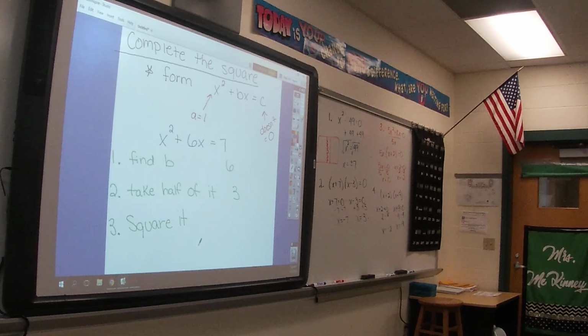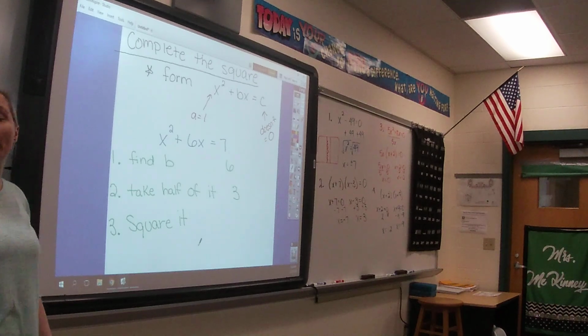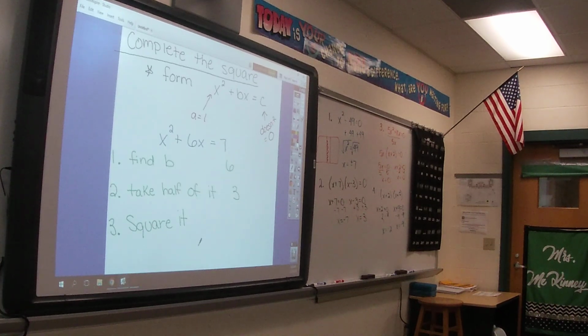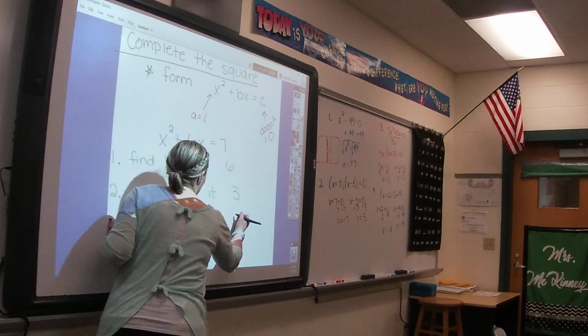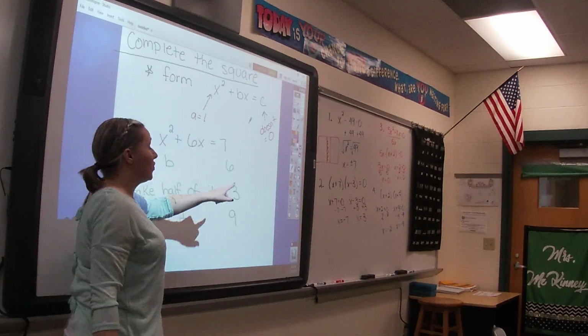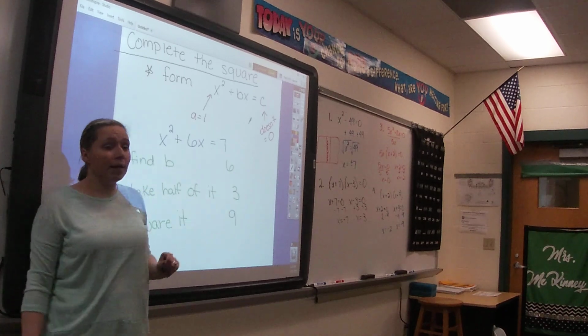Then we are going to take that value and we are going to square it. So what is 3 squared? 9.